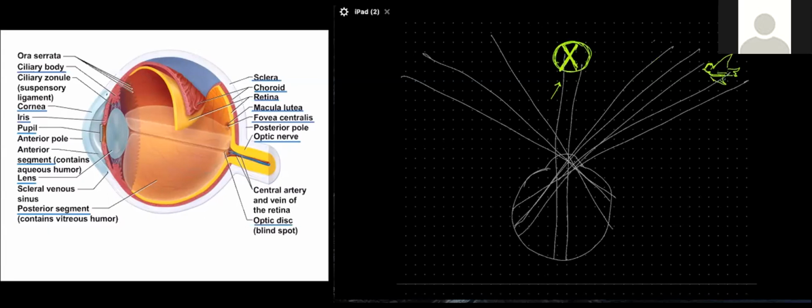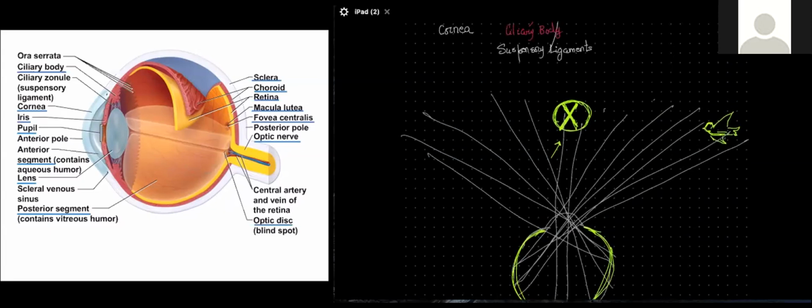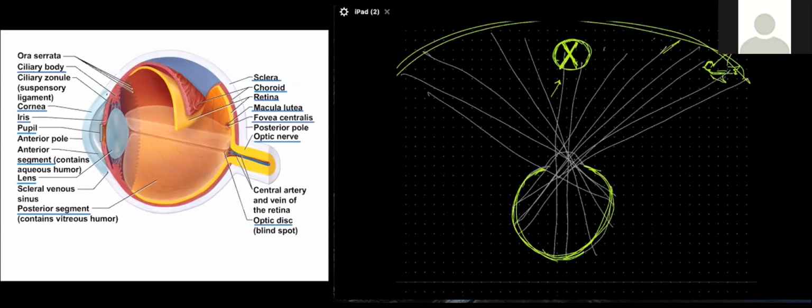All of the light rays will fall on different parts of your retina. So the retina is going to be collecting the light from the different parts of the vision field. This is everything that I can see. This is all the vision field. Each part of the vision field is going to be emitting light, and those light rays are going to fall on different parts of my retina.